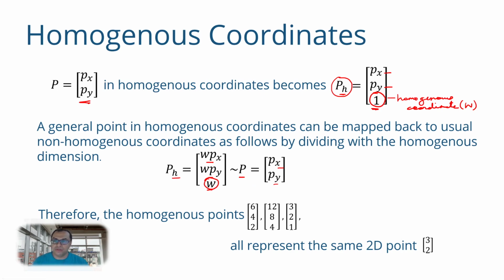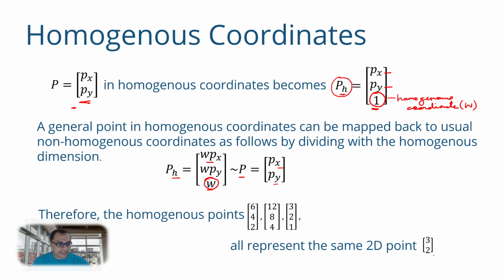Okay, now so this is a special sort of a mapping from our normal 2D Euclidean coordinate system to a 3D homogeneous coordinate system. Okay, and we will see that this will enable us to handle translations as matrices. Okay, it is sort of an upgrade to our Euclidean coordinate system.